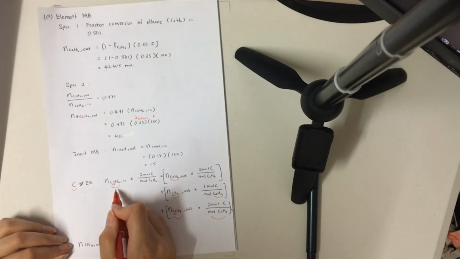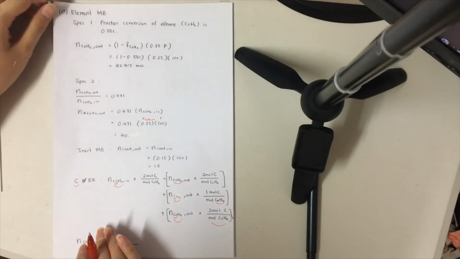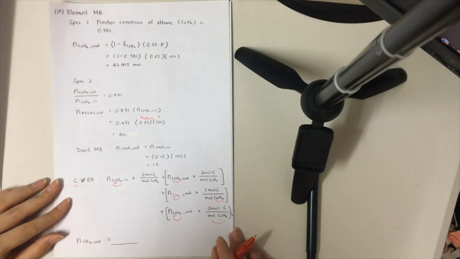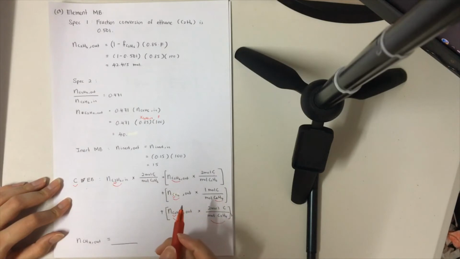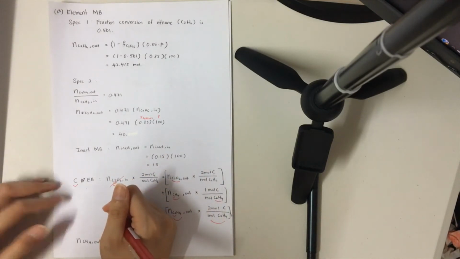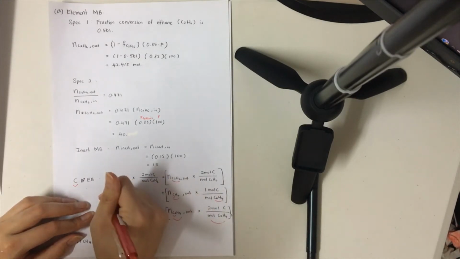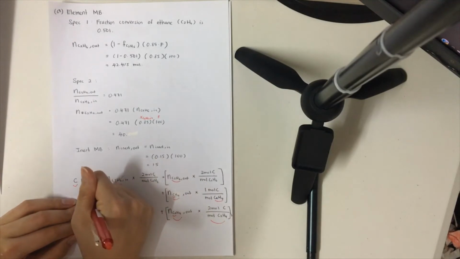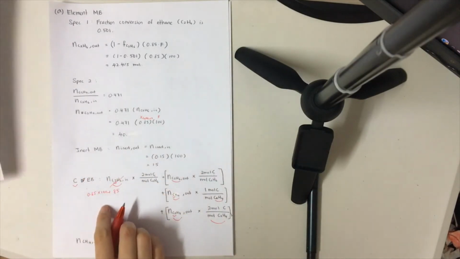So this one we already know. We know that the number of C2H6 going in is 0.85 multiplied by 100, which is 85.